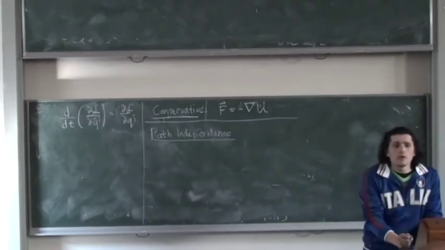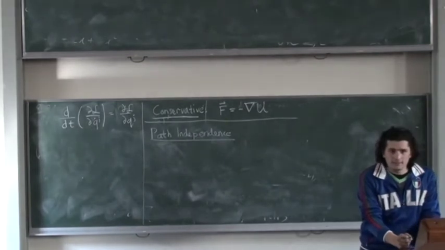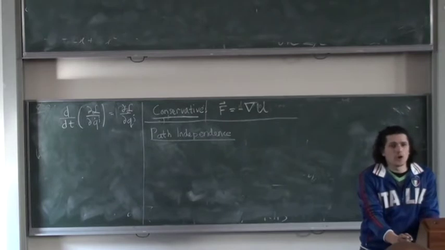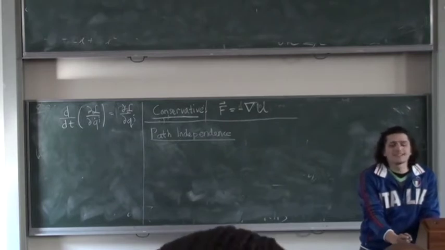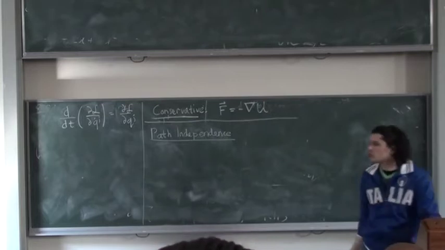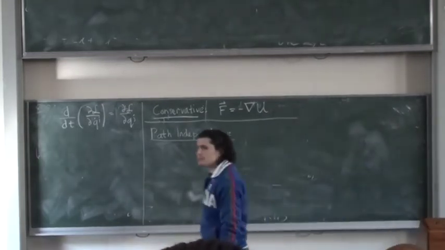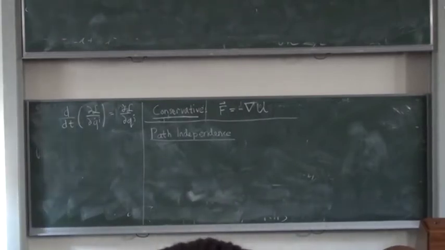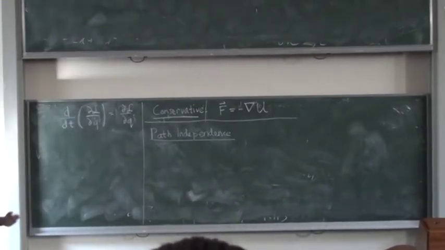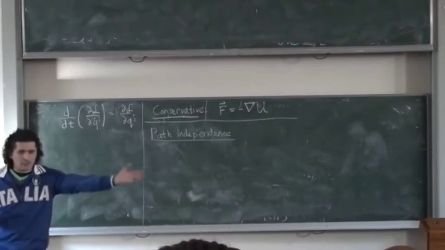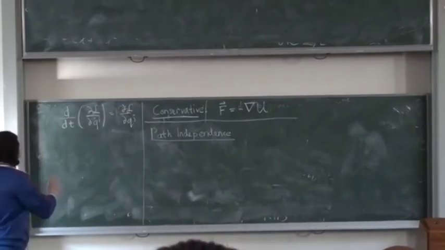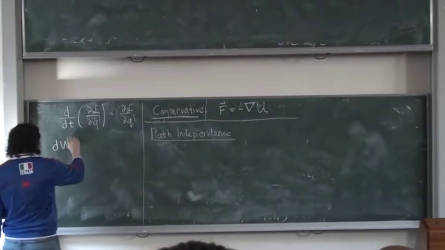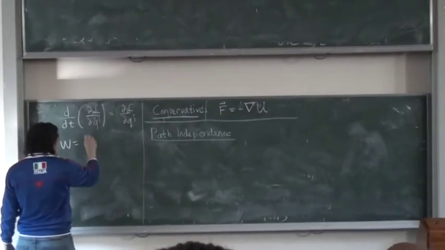Now we all know what work is. A force does work by moving the system from one place to another. The amount of work that is done, over some small displacement, is going to be proportional to the force in the direction of that small displacement.